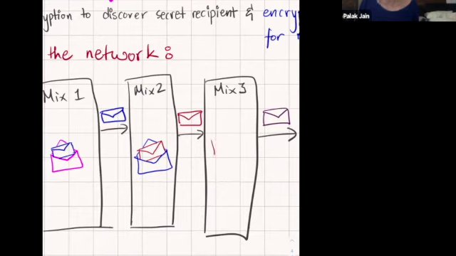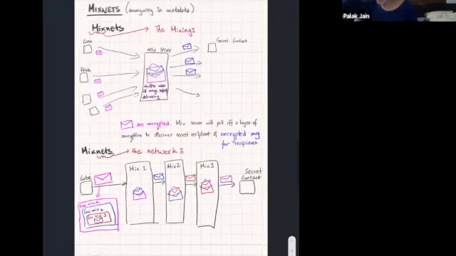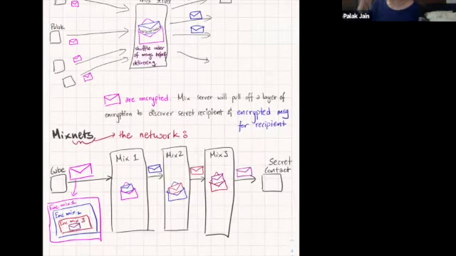And then finally, over here, we're going to have the last opening where we actually get the envelope that needs to go to the secret contact. And that's going to be sent to the secret contact. So that's the network part of the mixnets, that you can send things through multiple mixing servers.